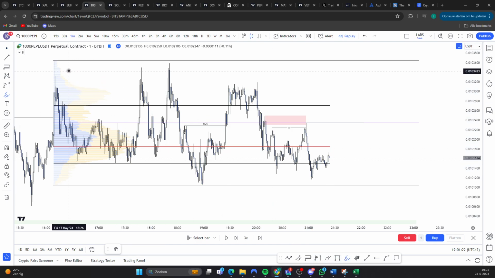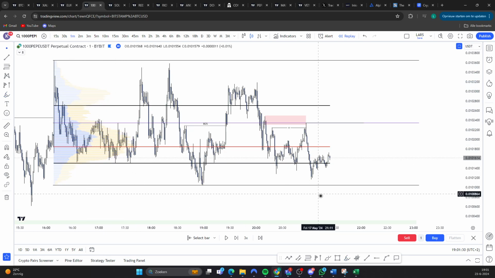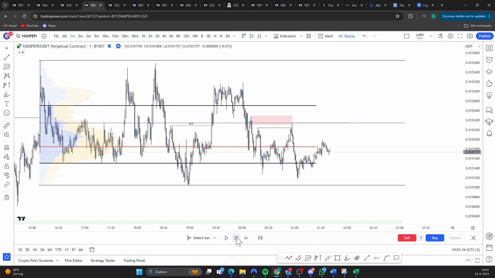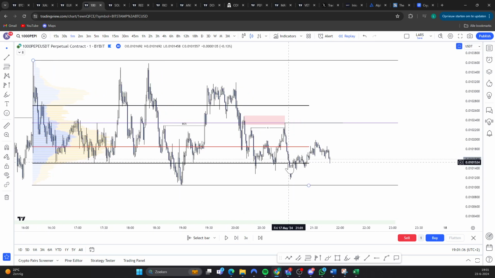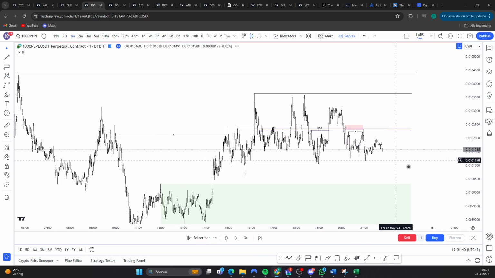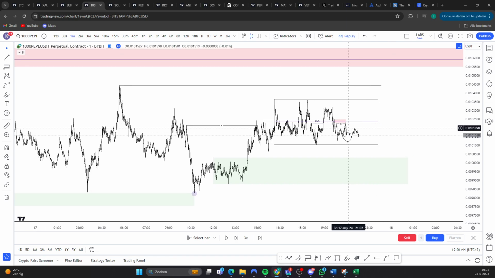I don't like these volume profiles as much because they have two mountains, right? 1, 2, with a gap here. Also entering the 10 p.m. section. So not something I normally trade.